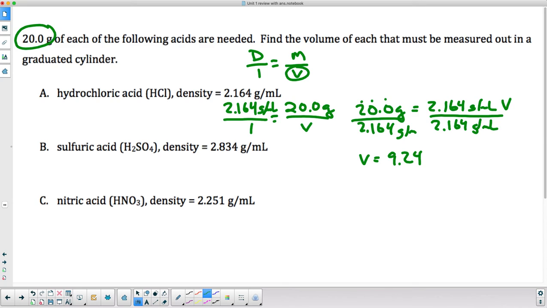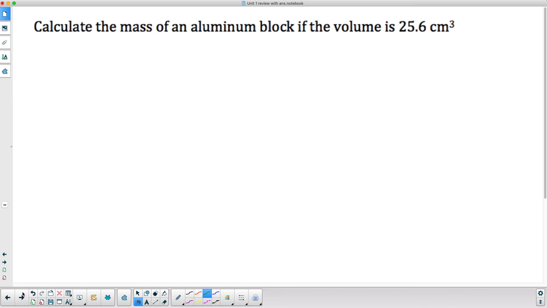This one has 3 significant figures. This one has 4. So we round off to 3 places. If I show you what I got in my calculator, this answer is not correct. It's got too many places. I check to see if it's 5 or higher, and it's not, so this would be milliliters. That's how each one of these B and C work.